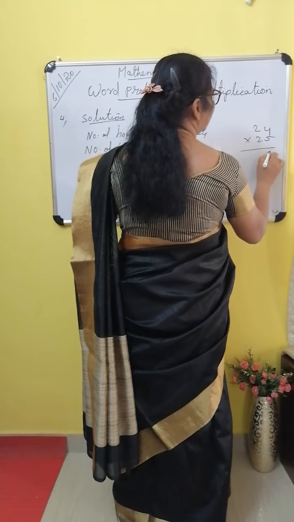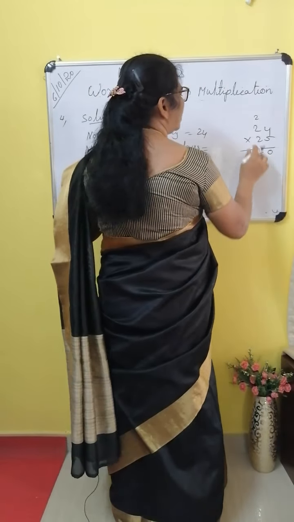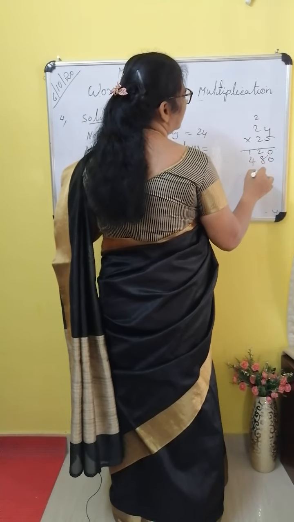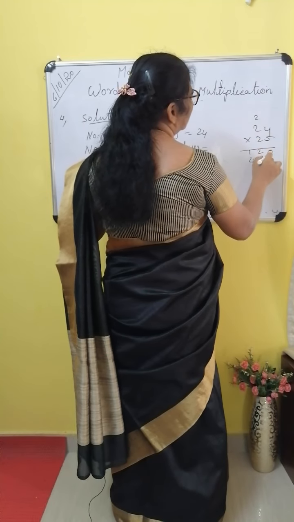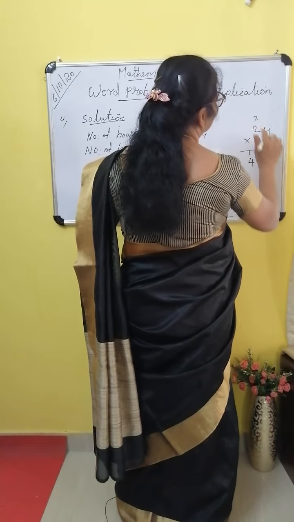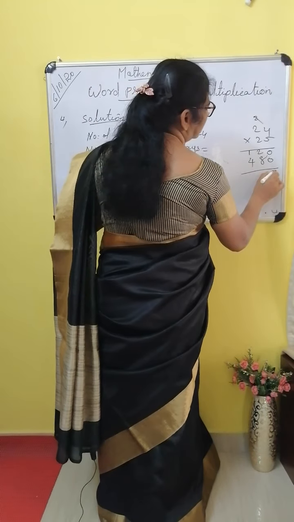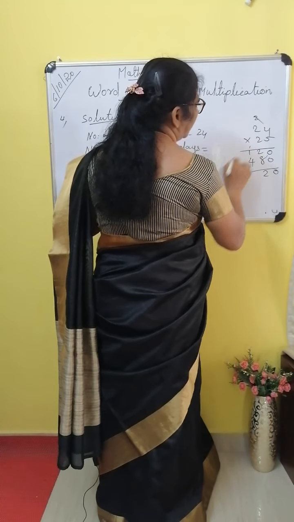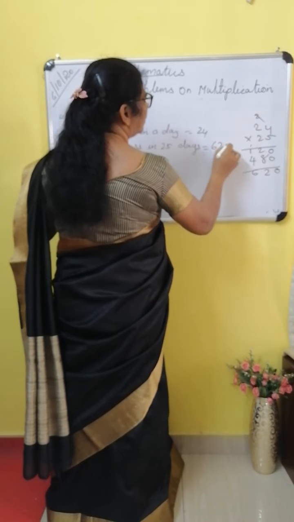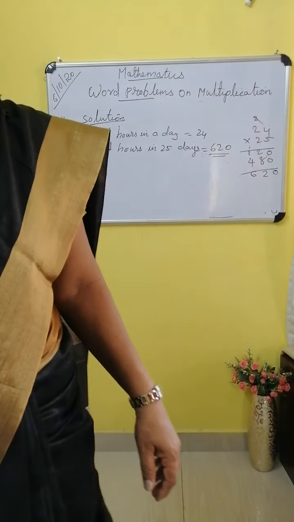5 fours are 20, 2 remainder, 5 twos are 10 plus 2, 12. Then put 0, 2 fours are 8, 2 twos are 4. 0, 12, 1 remainder, here 6. So the answer will be 600 hours in 25 days.